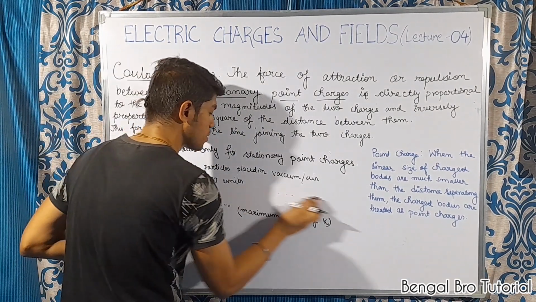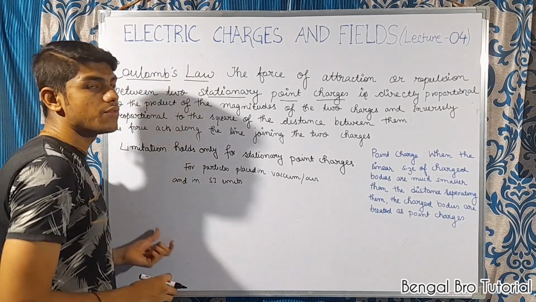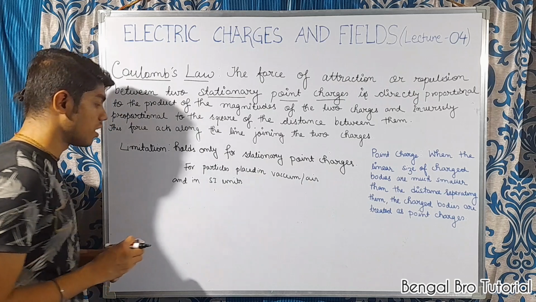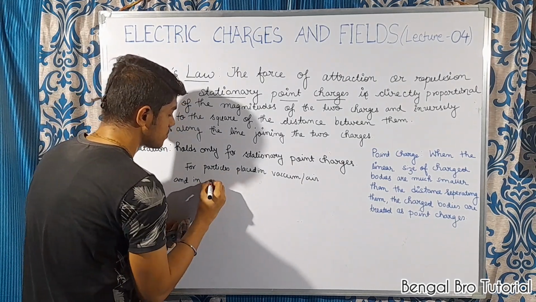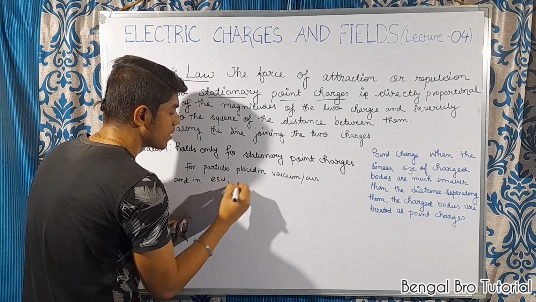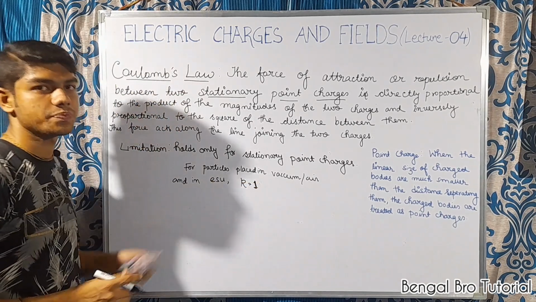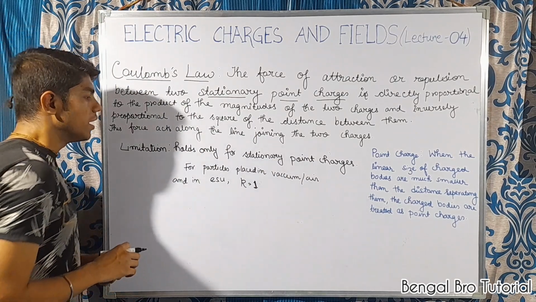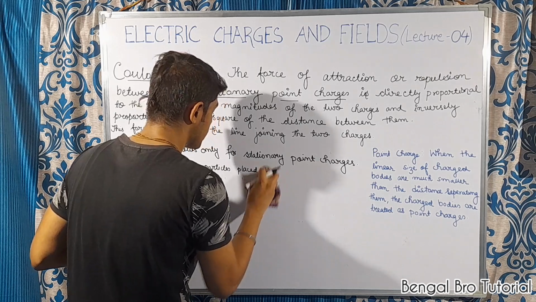Now, for the two charged particles placed in vacuum or air and in electrostatic CGS unit, the value of k is equal to 1.